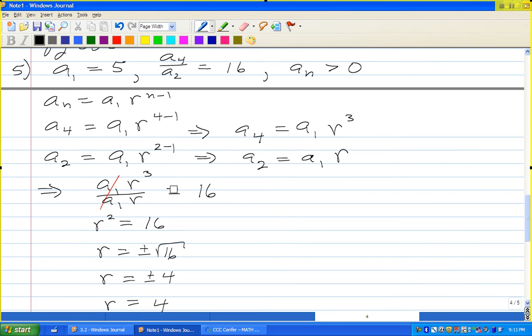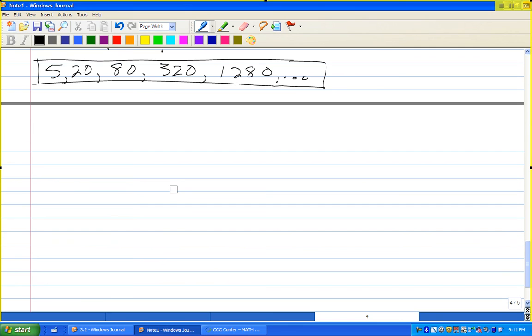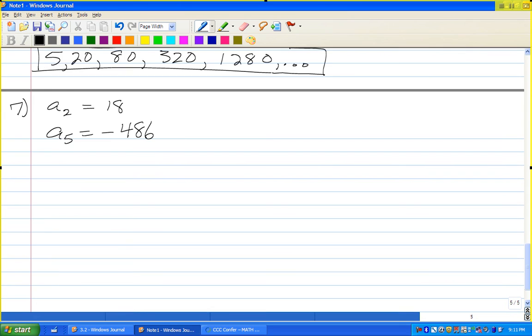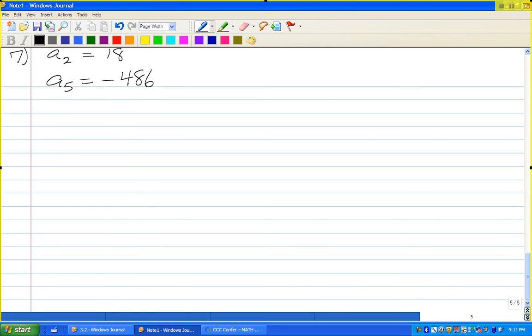Let me do problem number 7. A sub 2 is 18, a sub 5 is negative 486. And so I know that the general term a sub n is a sub 1 r to the n minus 1.